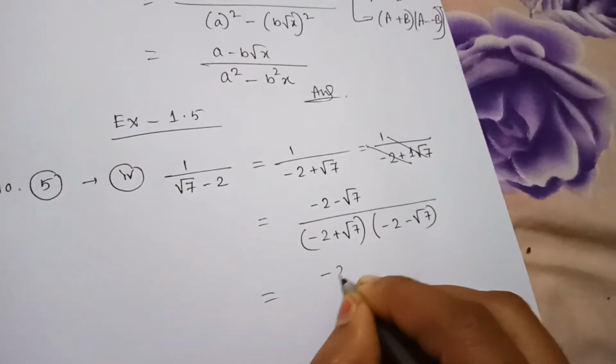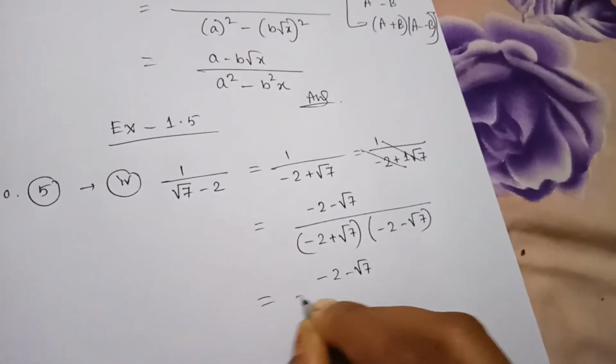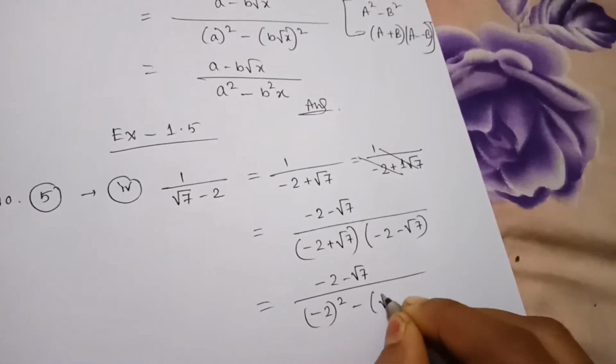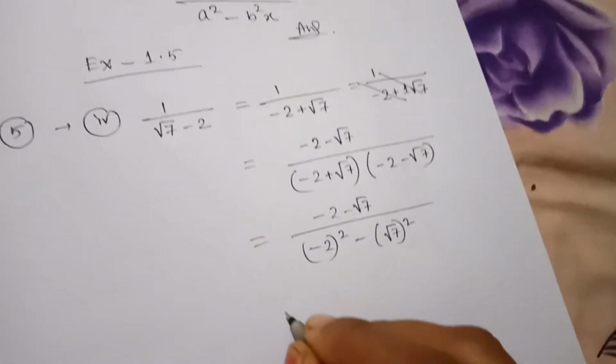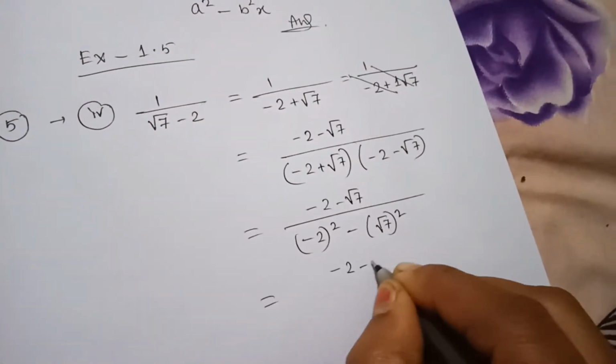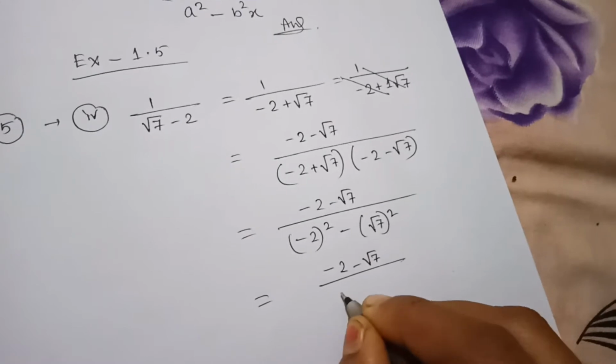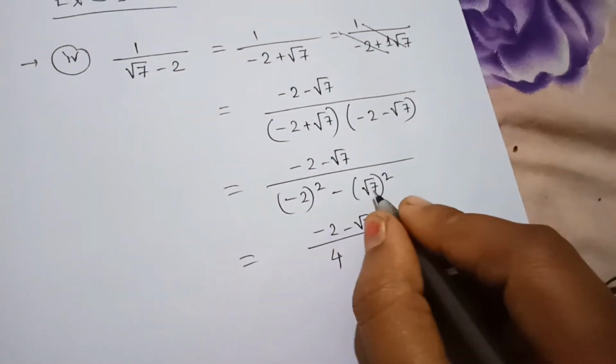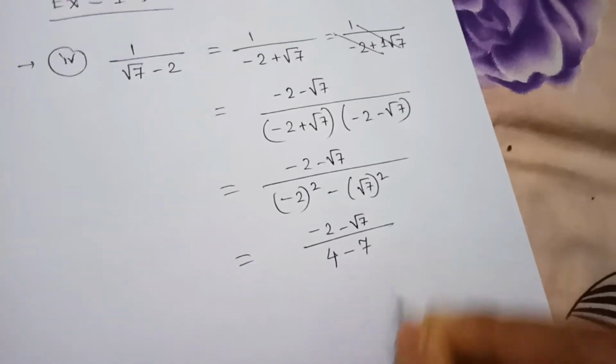Again minus 2 minus root 7 divided by minus 2's whole square minus root 7's whole square. So it's becoming minus 2 minus root 7 divided by, this is 4, minus 2's whole square is 4, and minus root 7's whole square is minus 7.